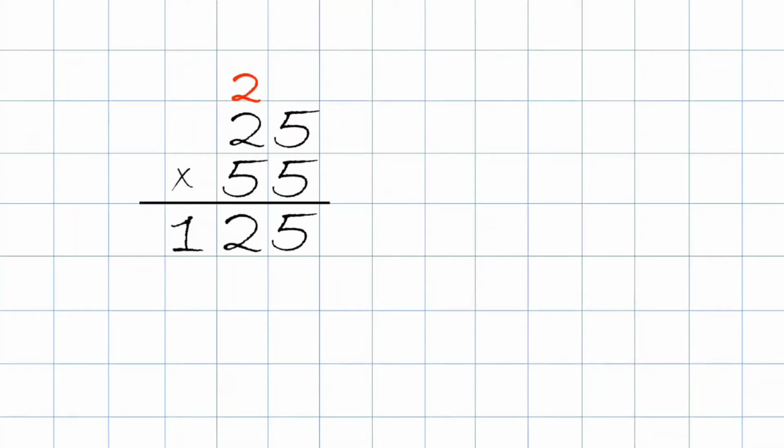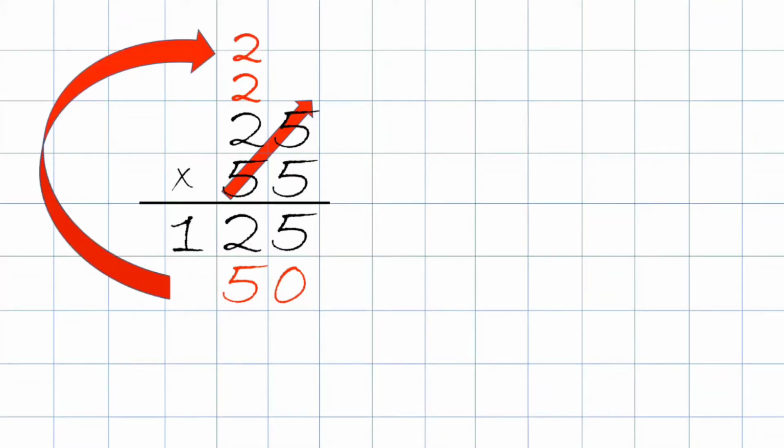Then we put the 0 right up here. Or you could leave it blank, but put the 0 for now. And next we're going to take 5 times 5. And once again, the answer is 25. But we only put the second digit, which is the 5, and the 2 we carry on top.